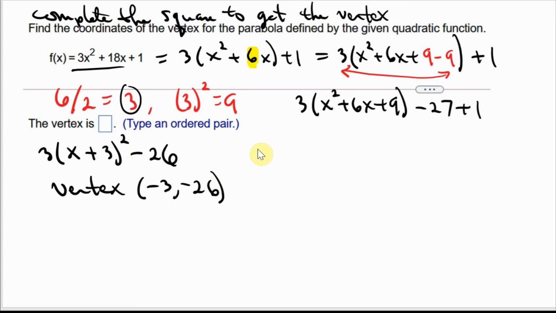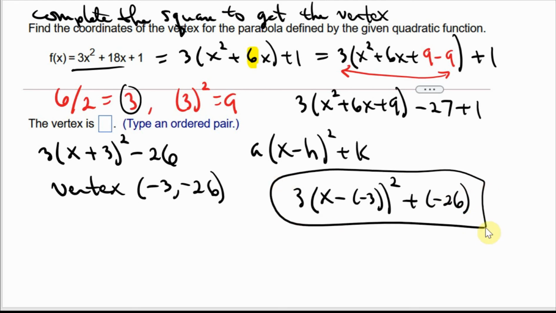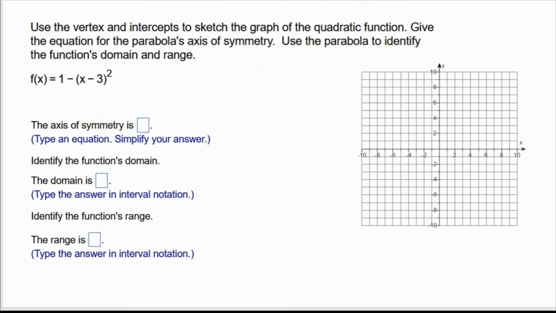You remember that the equation has to be of the form x minus h to be squared plus k. Right? So this is x minus a negative 3. So what we have is 3 times parentheses x minus a negative 3 all to be squared plus that negative 26. Right? And all they wanted there was the vertex.